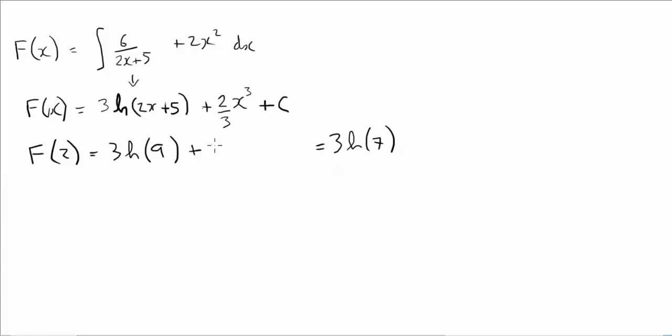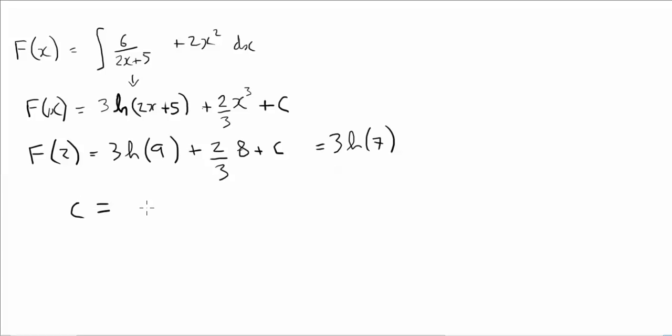2/3 times 8. Let's see. Right. Oh well, let's work it through. It doesn't look very nice. I thought it would drop out a bit easier than this, but let's have a look. I'm going to keep c on one side and move everything else to the other side, and then we'll see what we can jiggle about.